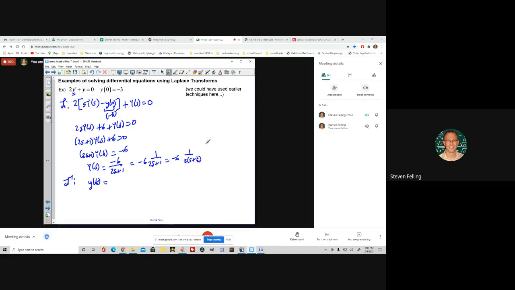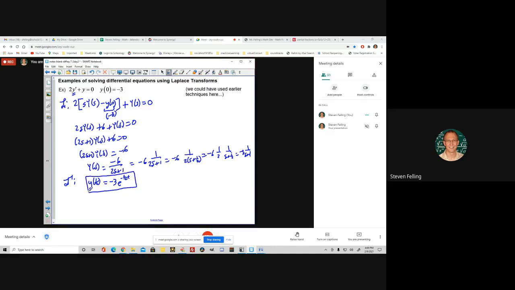That would be okay. And then if I said this is -6 and then that's a 1/2 times 1 over s plus 1/2, that really means we're talking about -3 times 1 over s plus 1/2. So I'm going to take the inverse Laplace of that. That's -3, and the inverse Laplace of 1 over s plus 1/2 is e to the -1/2 t. Okay, so now that I have that, that's my solution.